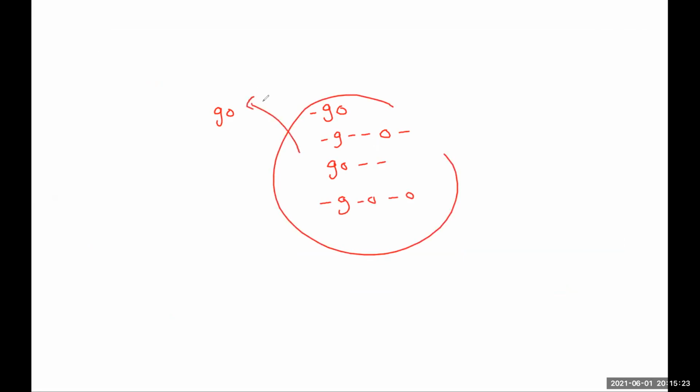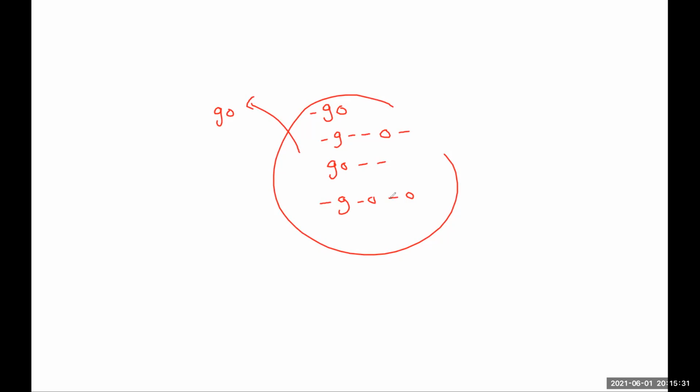You can insert blank anywhere. This is one possible encoding. This is another encoding. This is another encoding. All of these are encodings. When you decode, they will give you go. How do you decode? Step 1, remove the repeating character. Step 2, remove the blank.